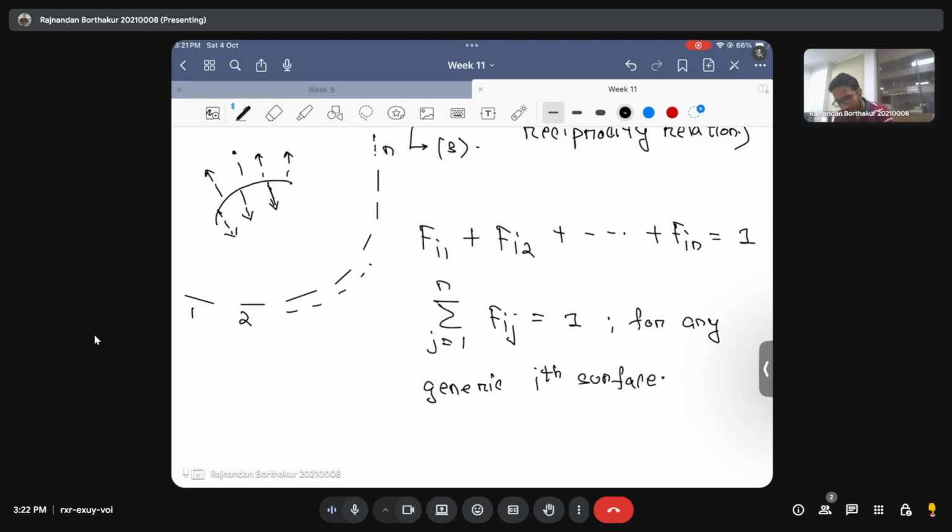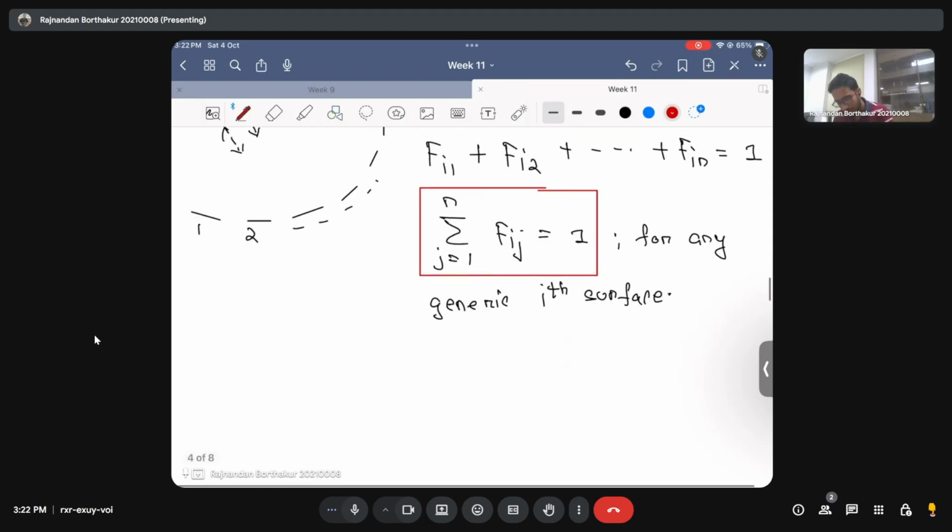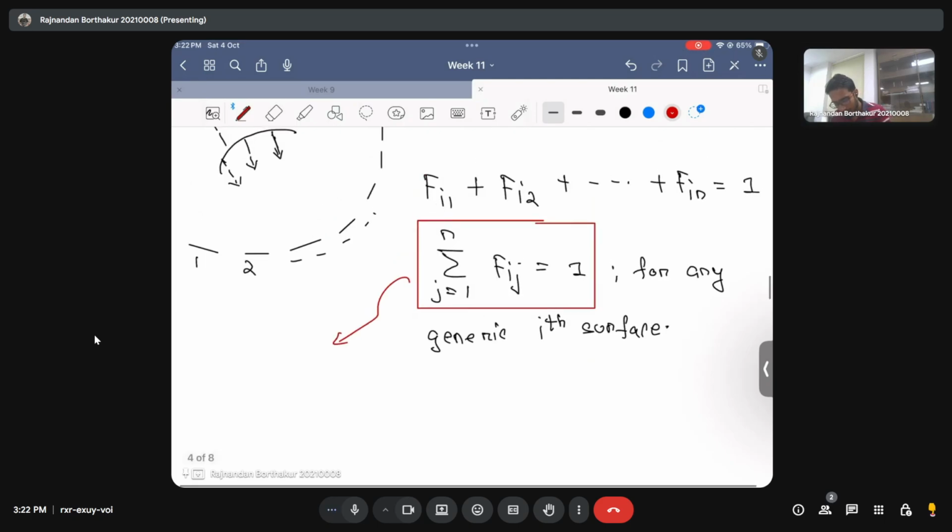And this relation has a special name: it is known as the summation rule for view factors.